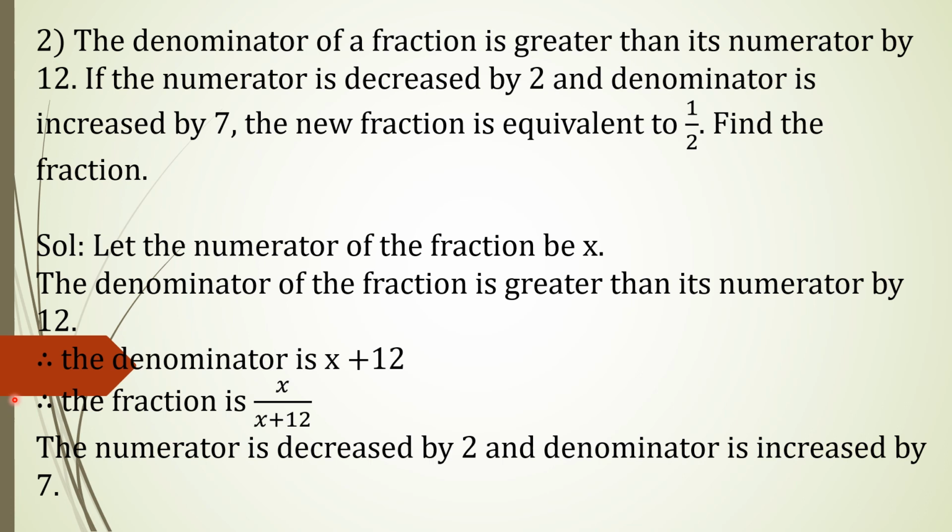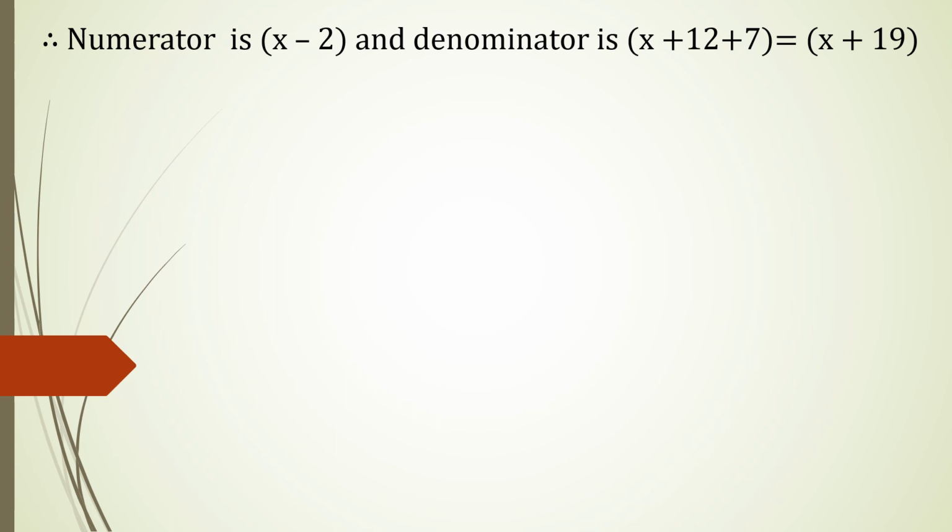So denominator, that is x plus 12, is our denominator, so x plus 12 plus 7. This will be the condition which is given. We have to use it. Therefore, numerator is x minus 2 and denominator is x plus 12 plus 7, that is equal to x plus 19.